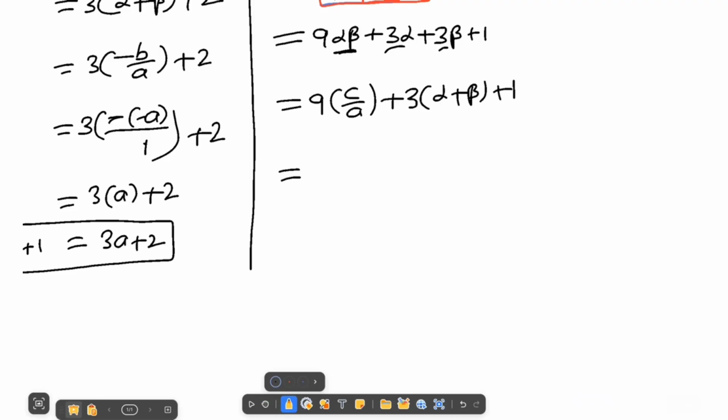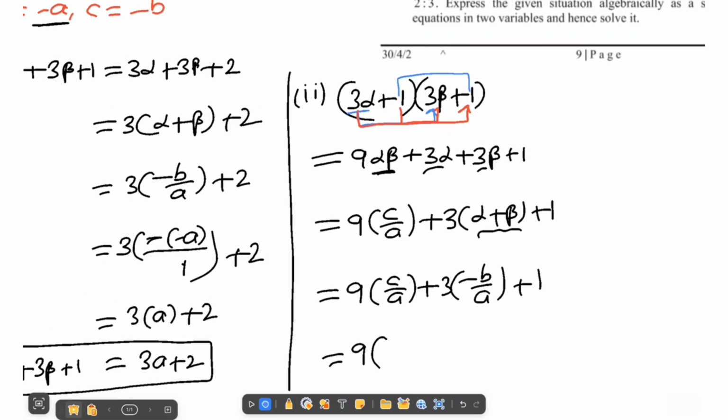So it is equal to 9 of c by a, plus 3 times of alpha plus beta, sum of zeros, minus b by a, plus 1. Now apply the values of c, a, b.